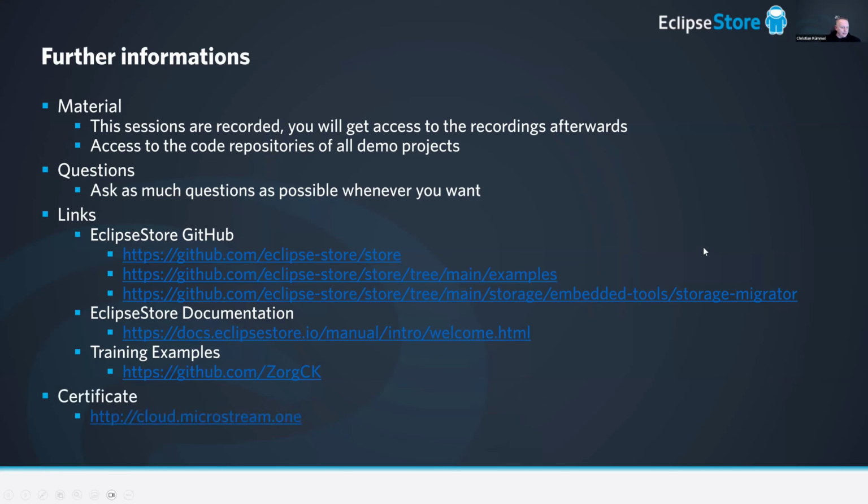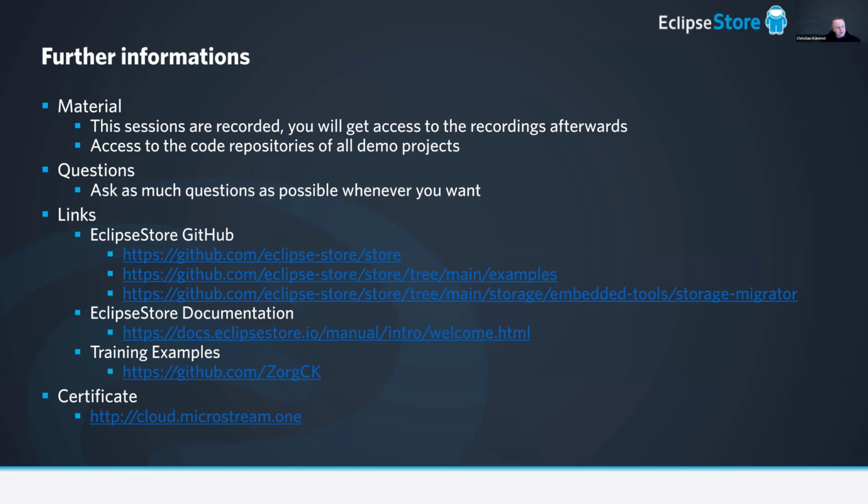After the training, you will get a certificate. All of you who are part of the training will have your email address added to a specific list within our MicroStream cloud backend. A few days after the training, you will be able to download your certificate there.